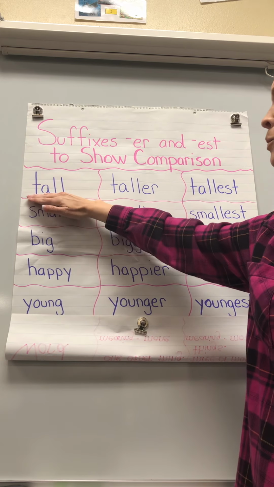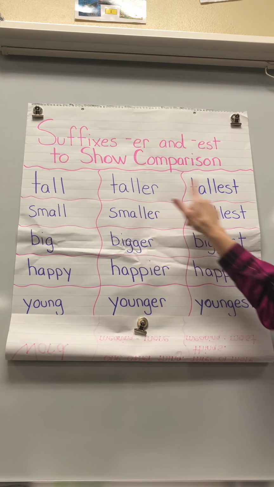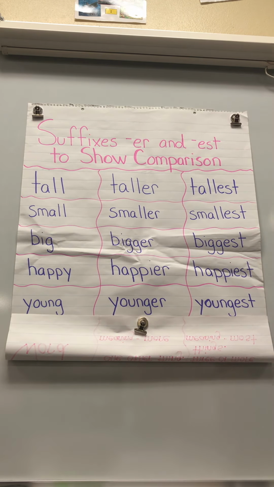That is just the word that we add the suffix to. Also, we're going to want to know adjectives. An adjective, you already know, is a word that describes a noun. We want to know that because ER and EST are most commonly added to adjectives.